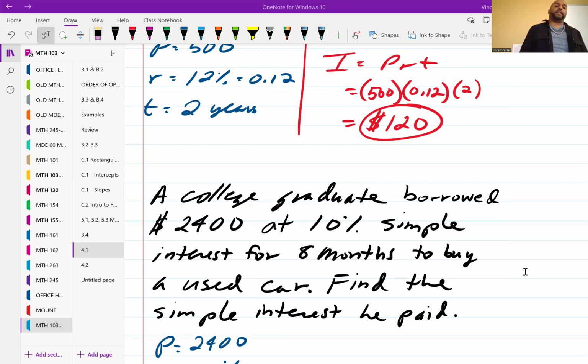All right, so for the next example, a college graduate borrowed $2,400 at 10% simple interest for 8 months to buy a used car. Find the simple interest he paid.